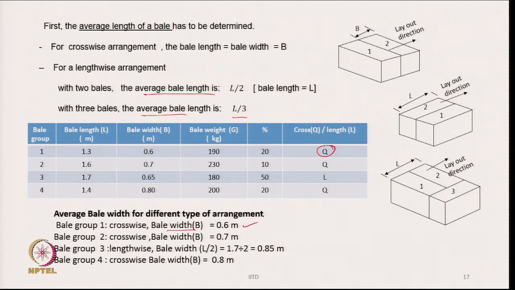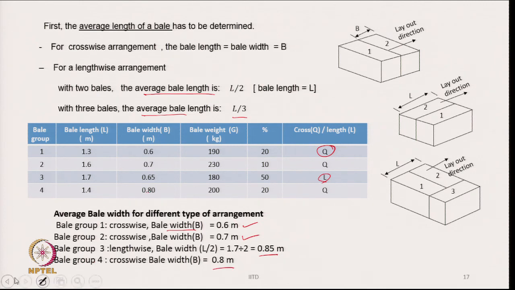For bale group 2 it is also crosswise and the bale width is 0.7. For bale group 3, it is a lengthwise arrangement. So, it is different now, and for this, if I take 2 bales, it is going to be L by 2; 1.7 is the length divided by 2, it is 0.85. And bale group 4 is again crosswise, so it is 0.8.